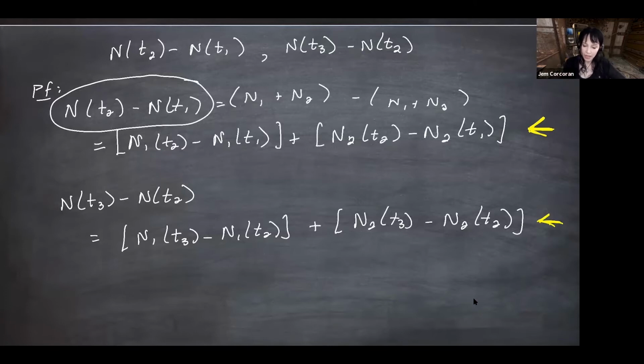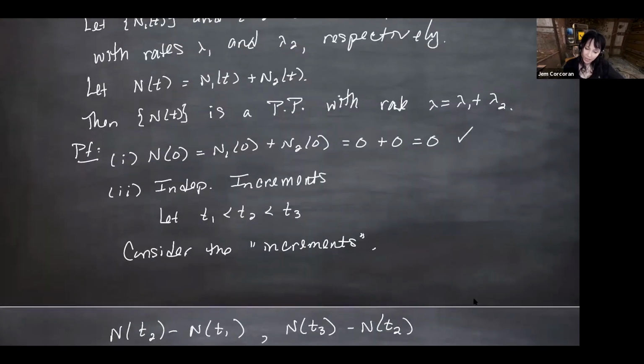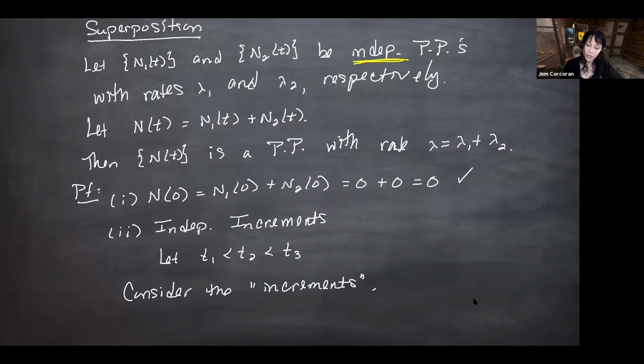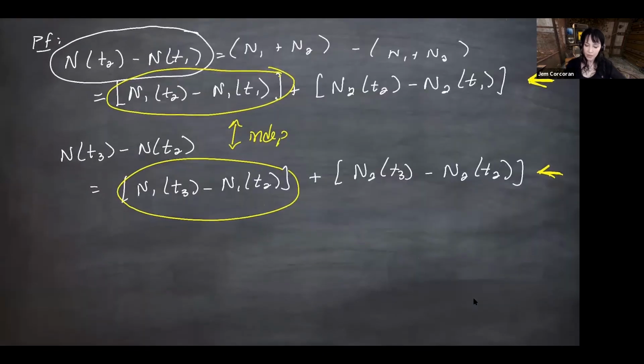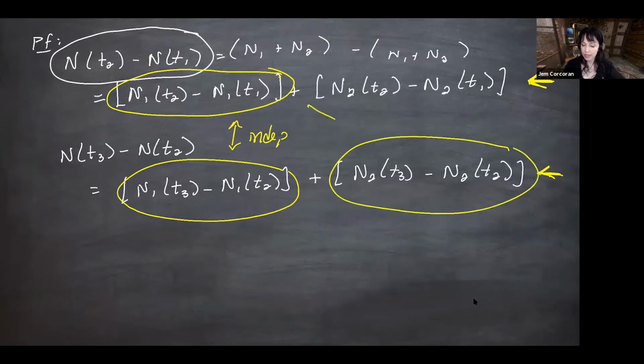We've got that the N1 process has independent increments, so for example, we have that these are independent. But it was also given that the two processes were independent of each other. So that gives you, for example, that the upper left yellow circle is independent of this one.